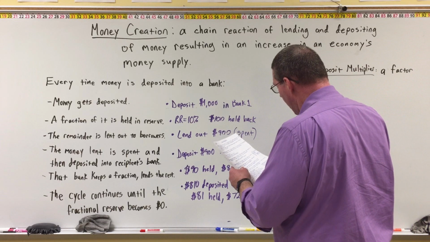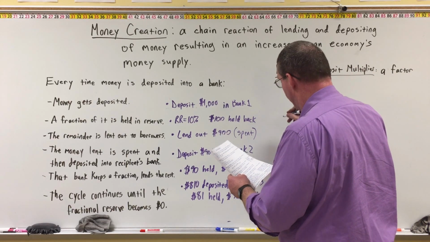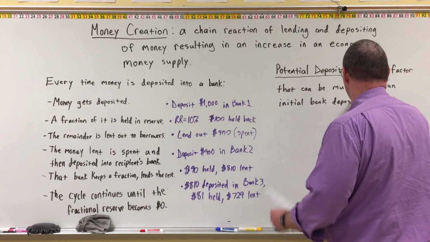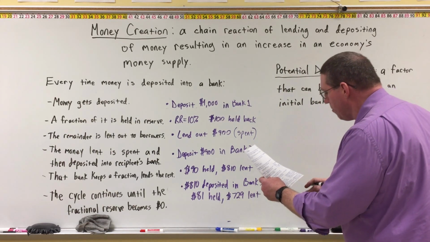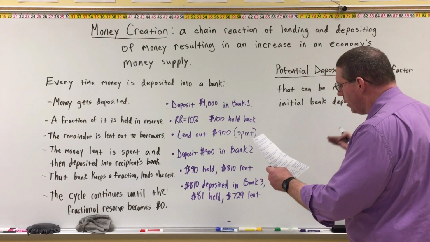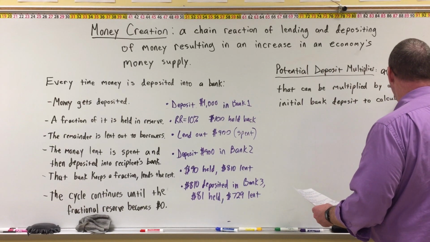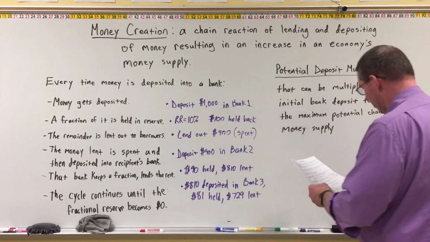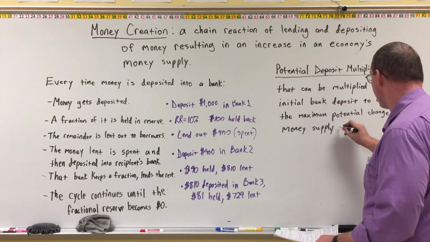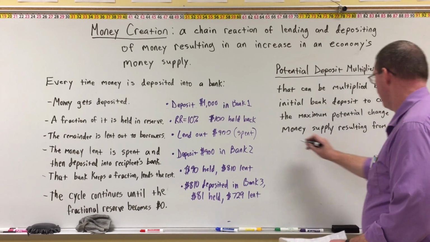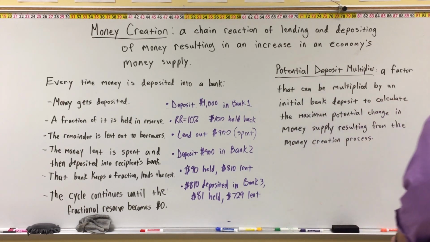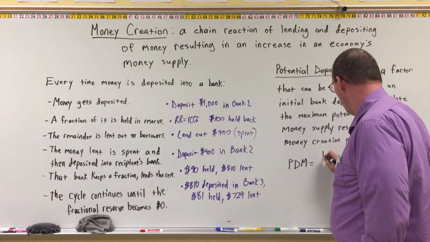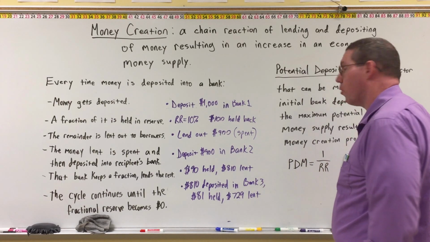That can be multiplied by an initial bank deposit to calculate the maximum potential change in money supply resulting from the money creation process. And the formula for the potential deposit multiplier is 1 divided by the reserve ratio.